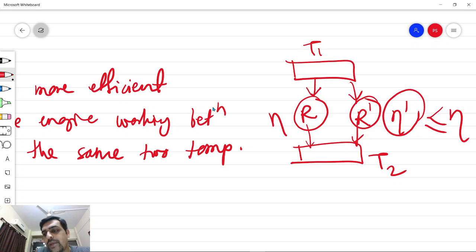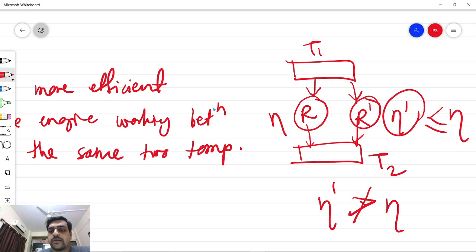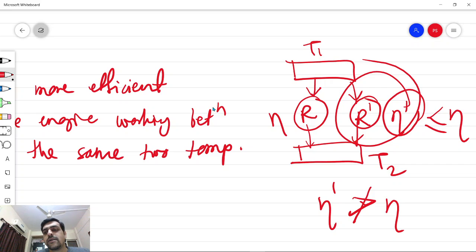At the most it can be equal to eta. So eta dash cannot be greater than eta. So we cannot imagine any other engine working between the same two temperatures T1 and T2 which is having an efficiency greater than this reversible engine working between the same two temperatures.